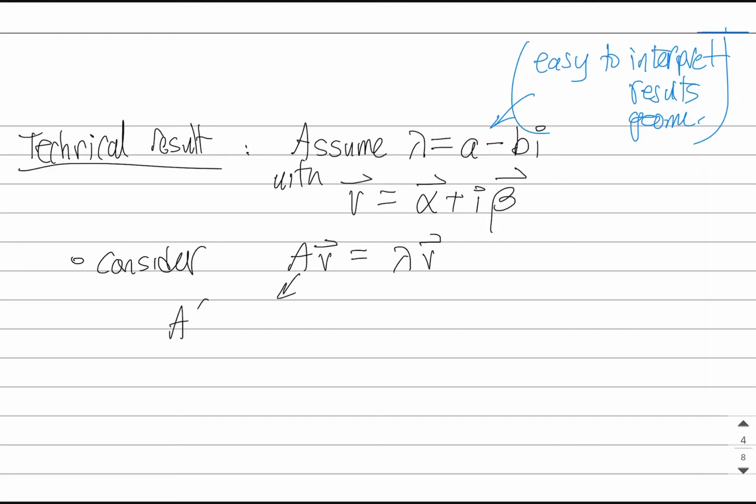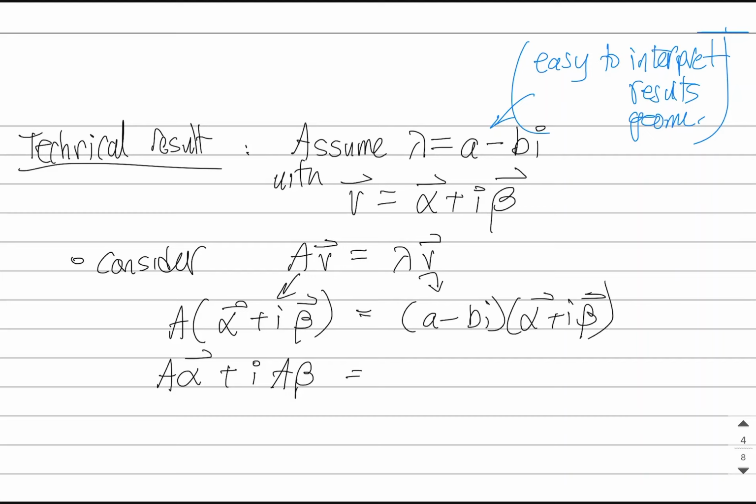Okay, so we are going to consider what has to happen when you have this equation. On this side, you'd have A alpha plus i A beta. This is just regular old linearity. So that's pretty straightforward. On this side, you're going to have to do a little bit of algebra, a little bit of foiling. You'll get a alpha plus i a beta vector minus i b alpha.